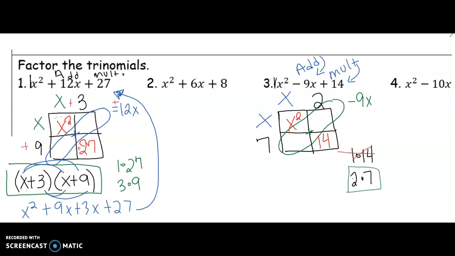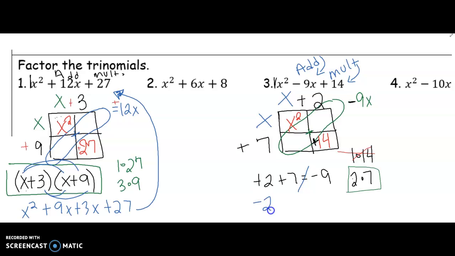However, we need a negative 9 and a positive 14. In order for this to be a positive 14, both of them have to be positive or both negative. But positive 2 and positive 7 do not equal negative 9, so it can't be positive.